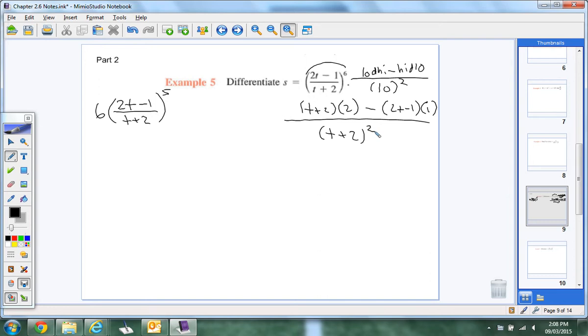Now from here, we just want to simplify the top. Leave the bottom, don't boil out or anything. Top's going to be 2t plus 4 minus 2t minus 1, so minus 2t plus 1.